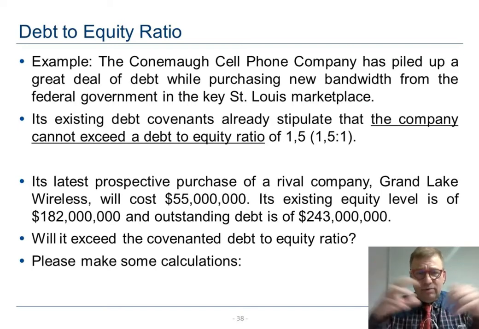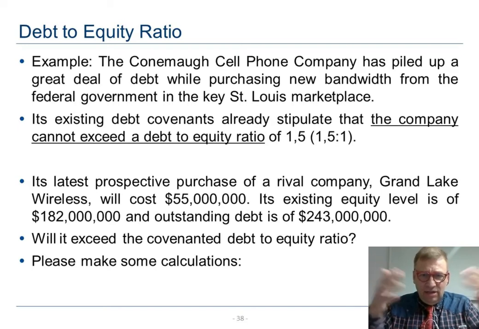So the question is simple. When they try to take a loan with which they would buy this rival company, 55 million, will they exceed this level of debt to equity ratio of 1.5 or not?